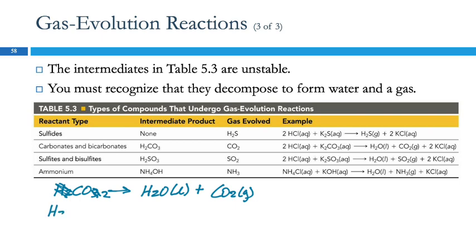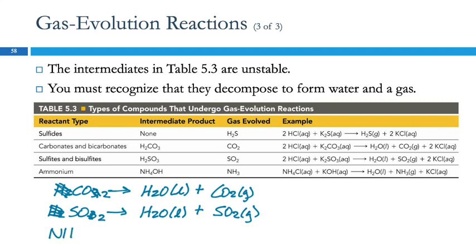If you swap ions and you get sulfurous acid, that's unstable. It's going to come apart, decompose into water, and take off the two hydrogens, take off one of the oxygens, SO2 gas.